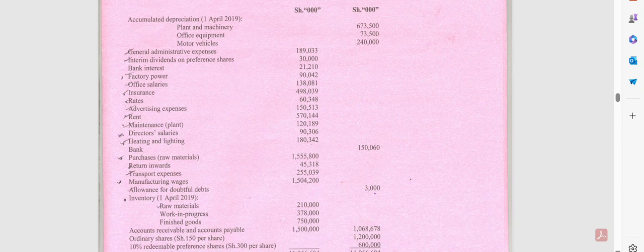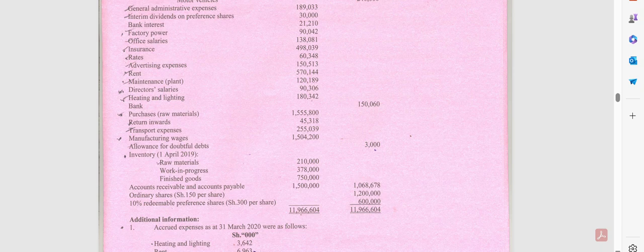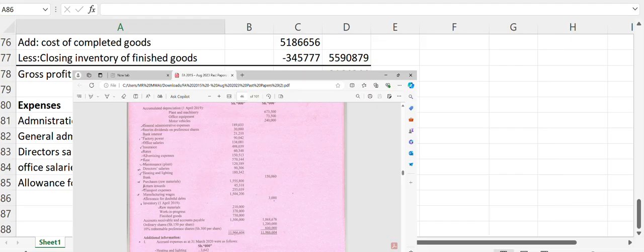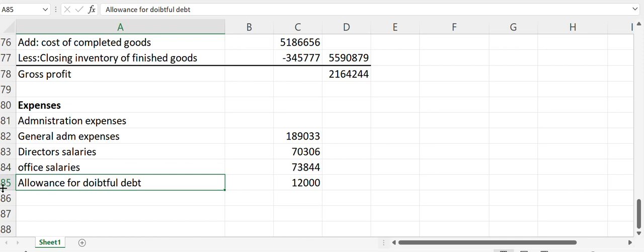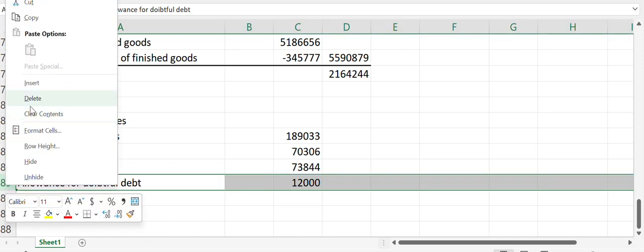Bank, this one is an overdraft, purchases, return inwards, transport expense, let us record that under distribution, wages, allowance for doubtful debt. Even for allowance for doubtful debt, let us remove it under admin.